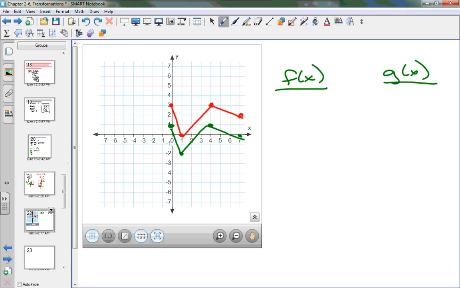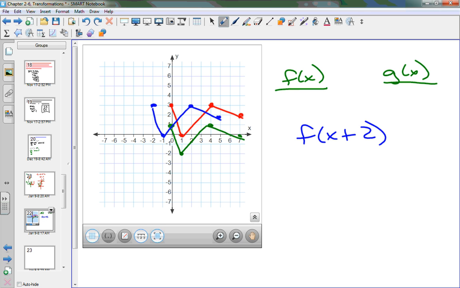If I wanted it to be f of x plus 2, then I would go 1, 2, 1, 2, 1, 2, 1, 2. I just totally used the wrong one. 1, 2. And then this would be 1, 2. Then it would be that.